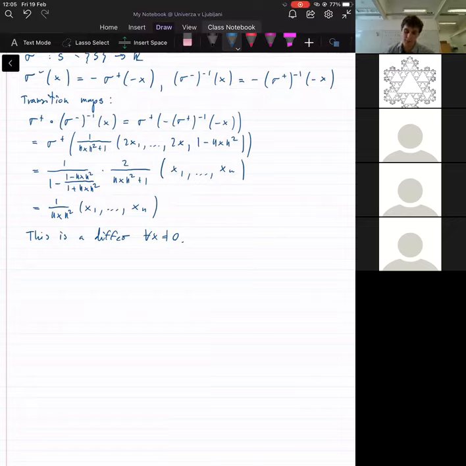And that is precisely where the transition map should be checked. So I'm going to write here homework: fill in the details.